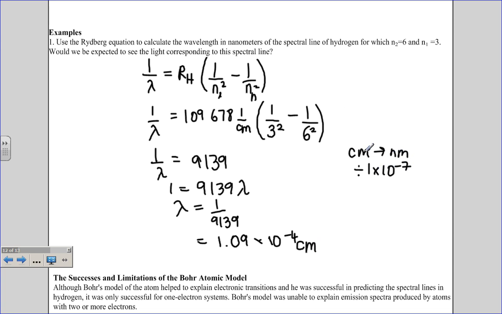Okay, and you can do this in 2 steps. You can convert your centimeters to meters, because you know the relationship, and then convert from meters to nanometers, just like we did in the previous example. So when I divide 1.09 times 10 to the negative 4 by 1 times 10 to the negative 7, I'm left with 1,090 nanometers.